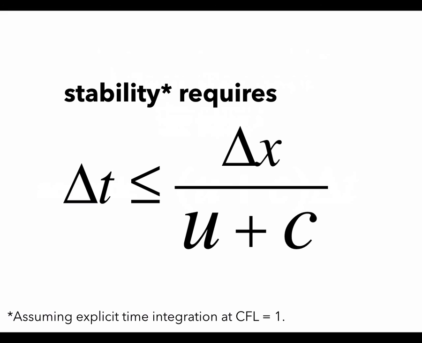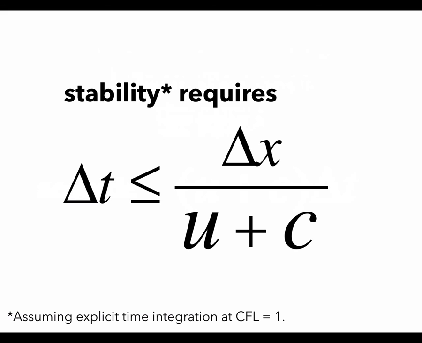Now you can take this and manipulate it to make it a function of the Mach number, just like we did with the previous time step, made it a function of the Reynolds number. We're going to make this a function of the Mach number, but also count the number of time steps.